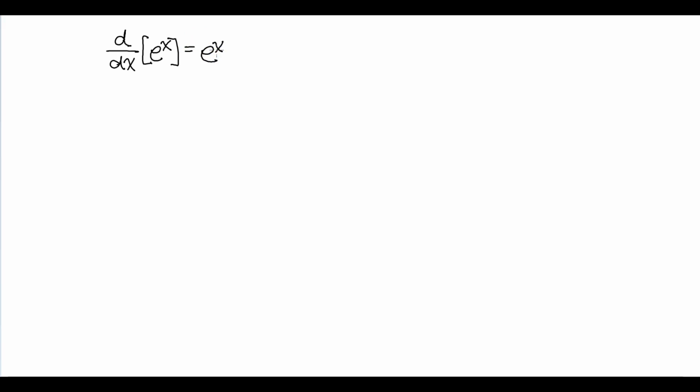And it's the only function, well, not the only non-constant function, since f of x equals 0 also has this property, but the only non-constant function that has this property. This magical property that the derivative of the function is itself.